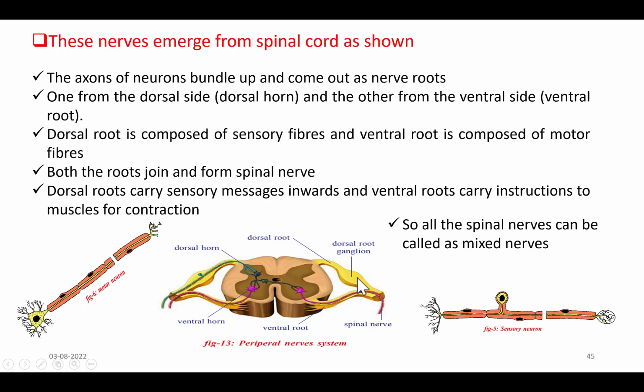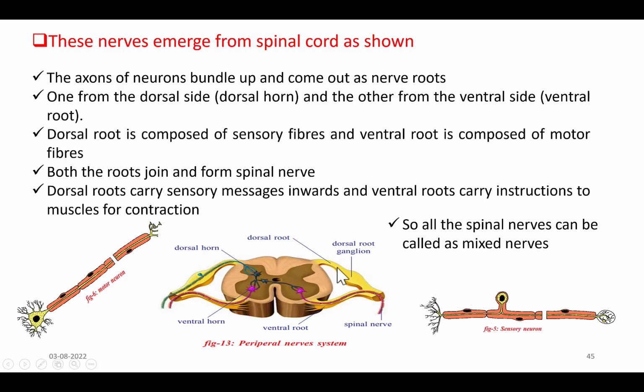So all the cell bodies of the sensory neurons cluster here and form the dorsal root ganglion, and in both directions they have axons. The axon from this side collects information and passes it to the cell body, and then the information goes through this axon and then into the spinal cord. Did you understand?